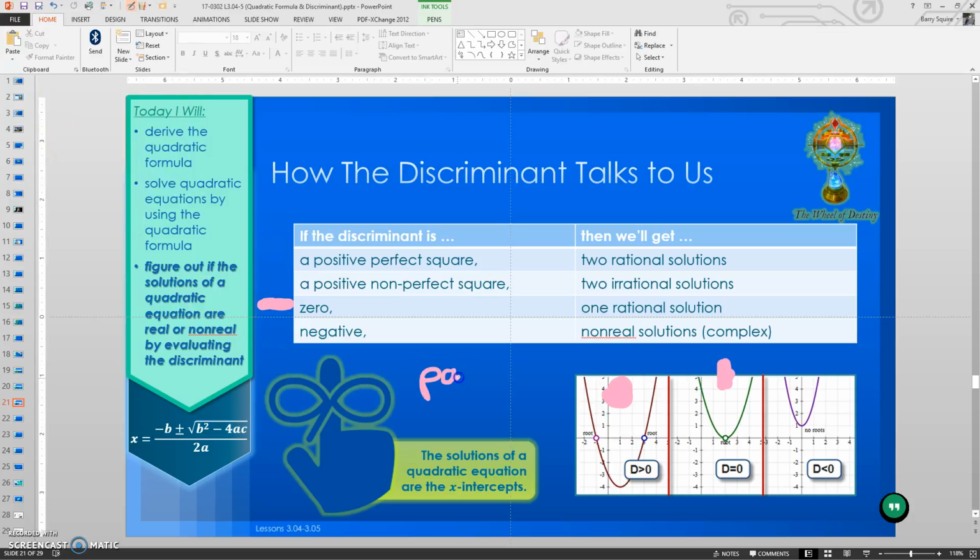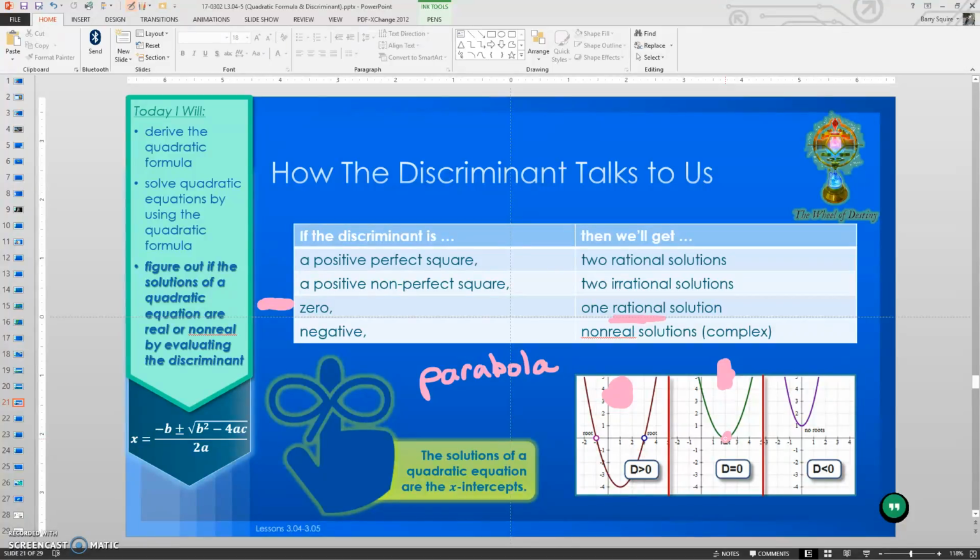It always is a U-shape. It's always symmetrical. So when we have a discriminant of 0, we're going to get one solution. It's going to be rational, and it's going to be at the vertex of the parabola. So that's why there's only one x-intercept.